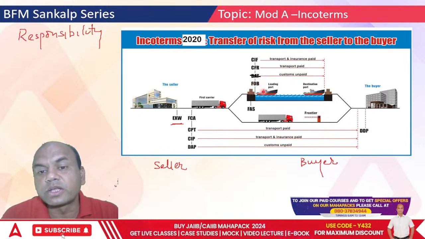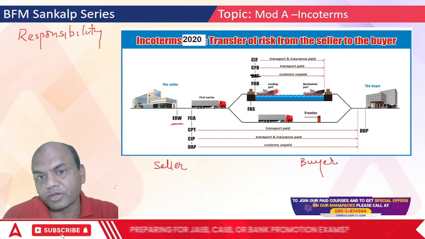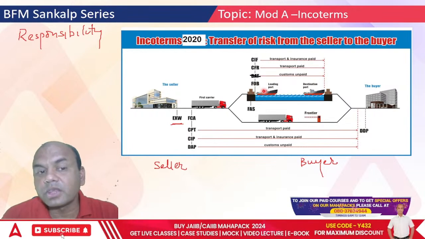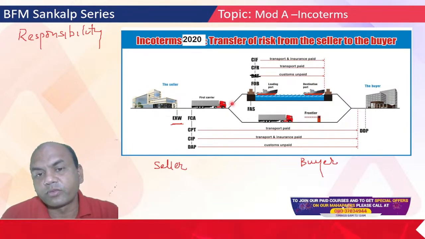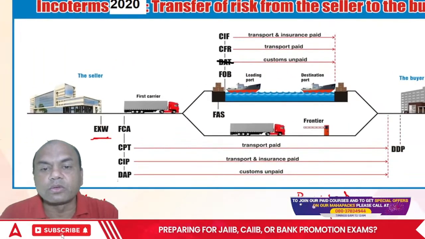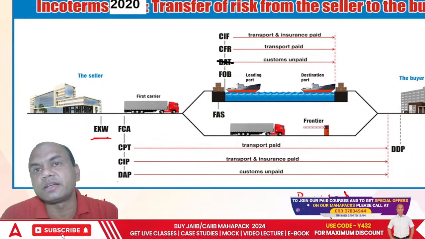This is called loading on board. So the goods will be loaded on board. Here, the responsibility of the seller ends. Once the goods are loaded on the ship, the responsibility of the seller ends.